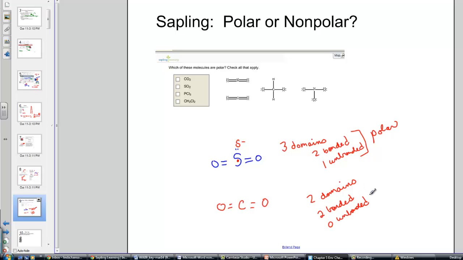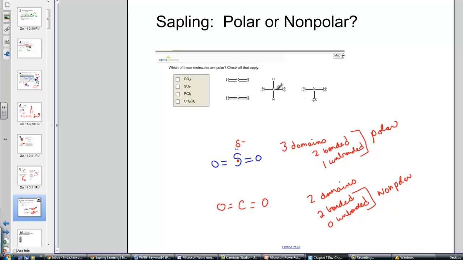So of the 2 domains, am I looking at exactly the same thing? I only have 2 positions to look. Look left, look right. There is no up or down. Only 2 domains exist. They are identical. This is a nonpolar molecule.